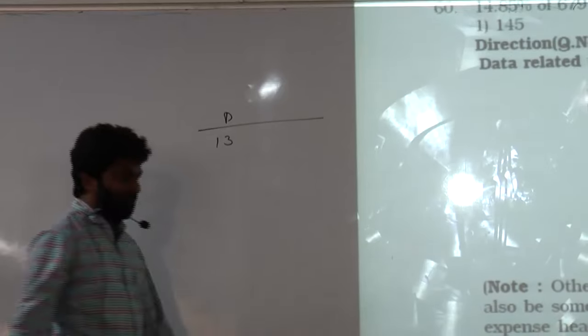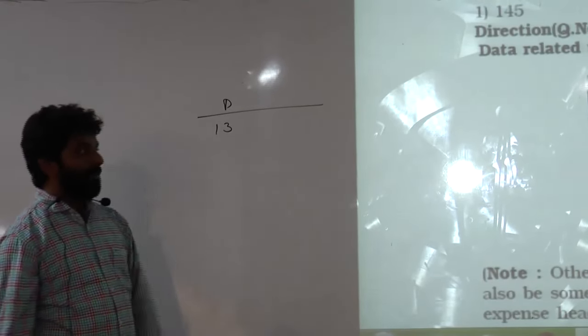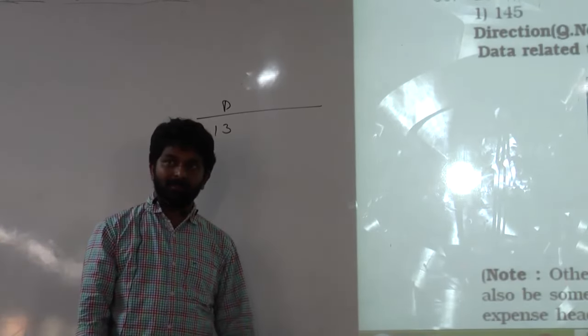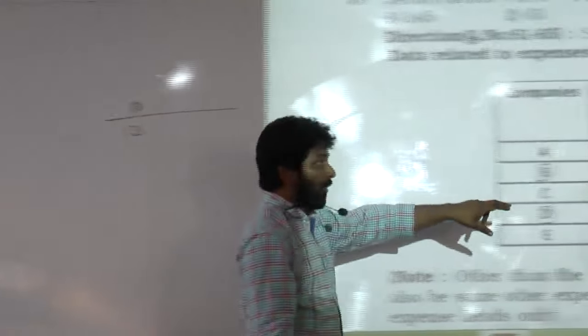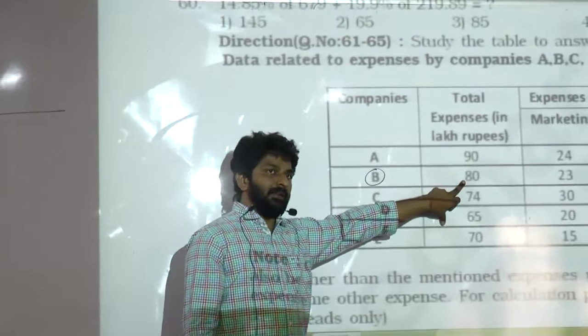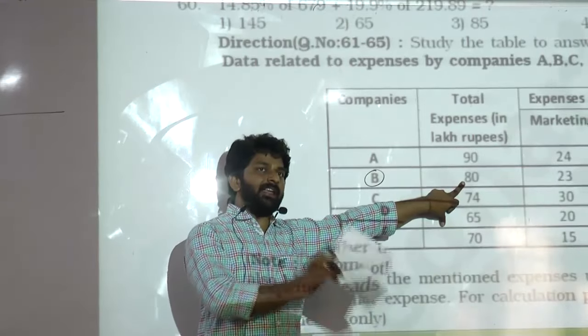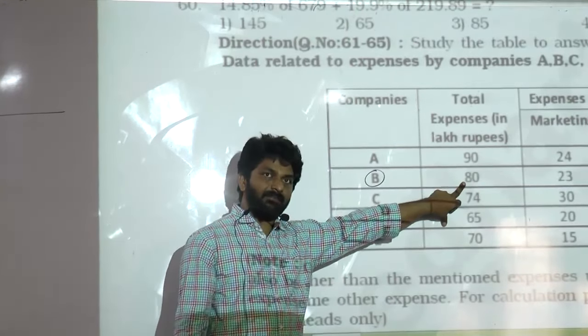So company D's marketing expenses are 13. And for company B it is 23%. Marketing they are spending 23% on what? 80. 23% of 80 or 80% of 23, one and the same.